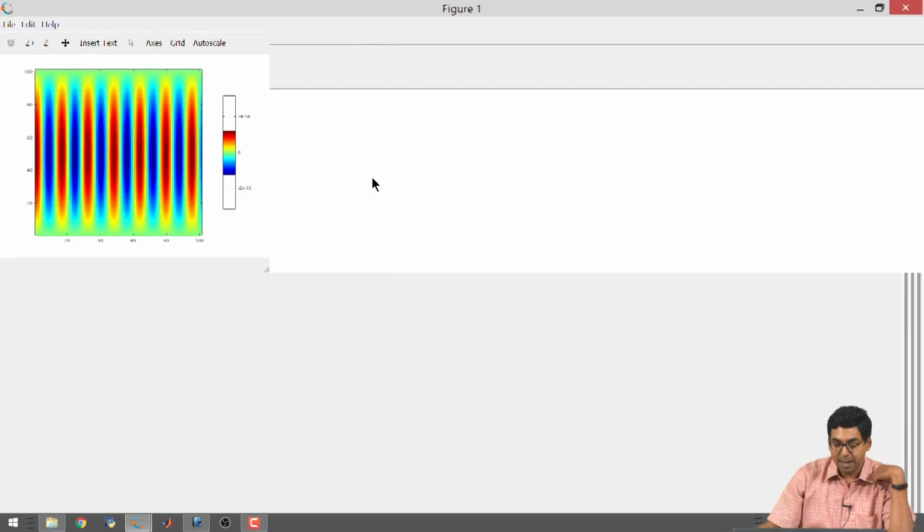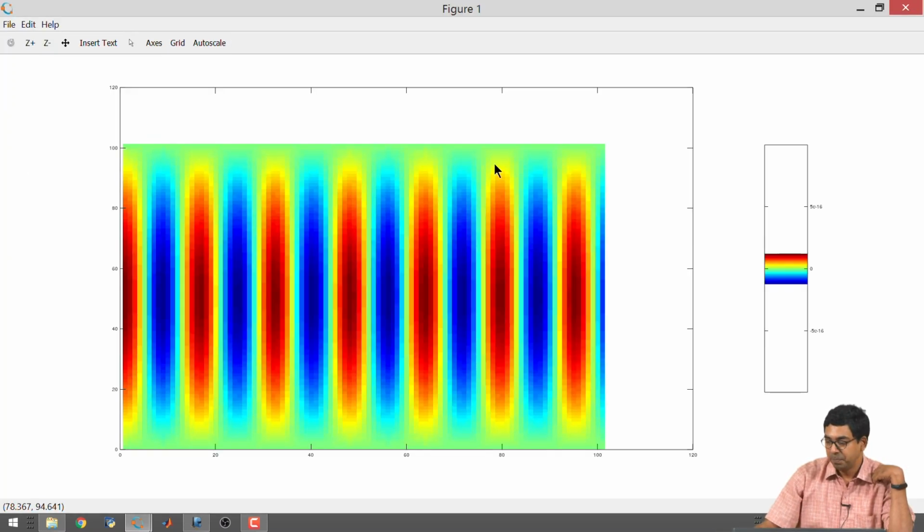If you see the y axis, it will clearly tell you that the maximum is 5 times e to the minus 16, which you can approximate to 0, and minus 5 e to the minus 16 over here. So, all the red to blue is focused around 0.